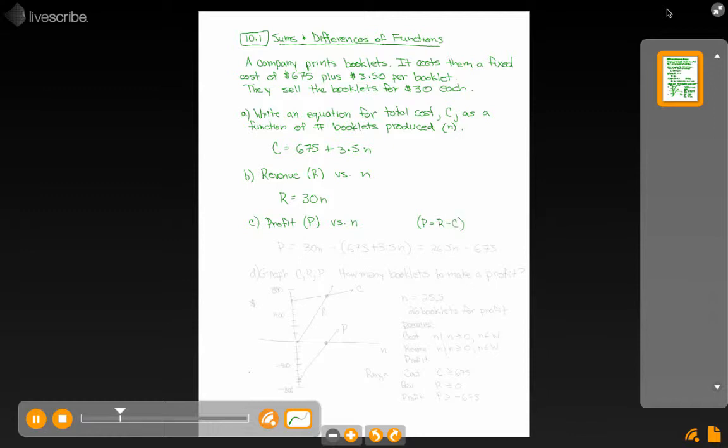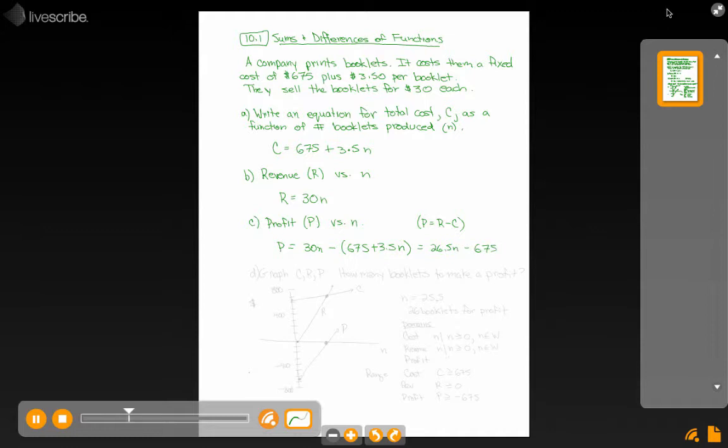And so our profit in this case is going to be 30N minus (675 plus 3.5N), the difference between those two functions. That can be simplified a little bit. 30N minus 3.5N is 26.5N, and I have minus 675.